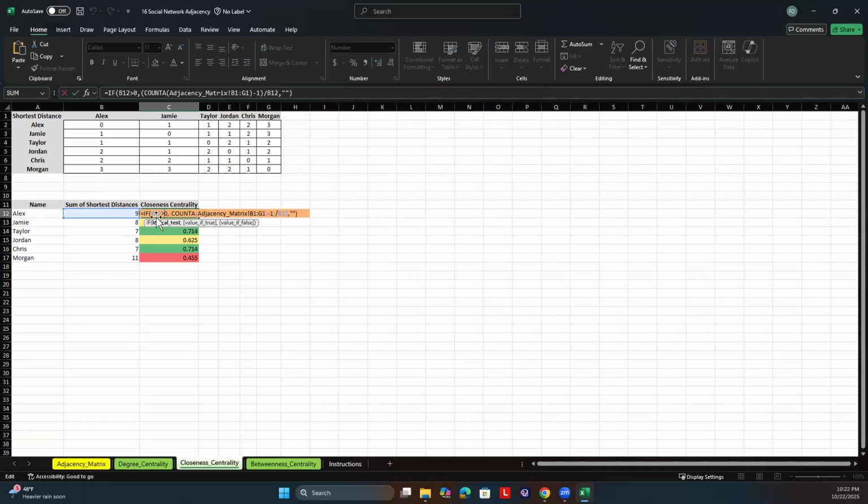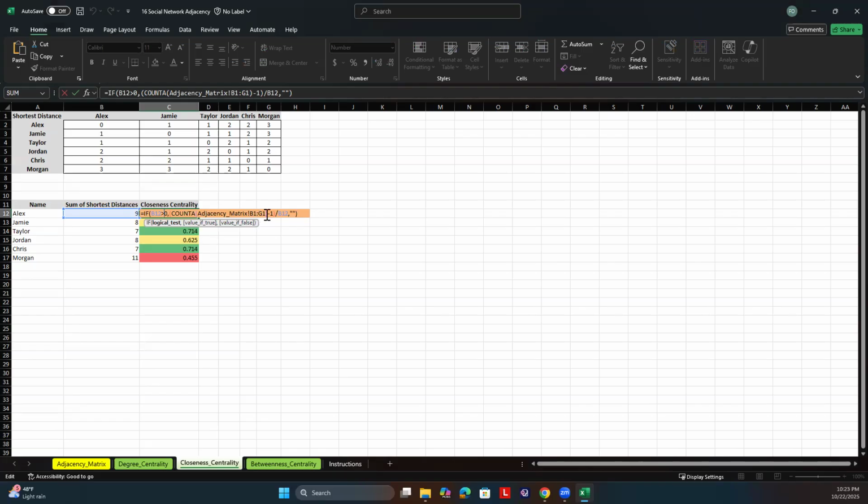If that number is greater than 0, meaning that person is connected to at least one person, then we count all the entries in our adjacency matrix, which is 6, minus 1, because again, somebody cannot be connected to himself or herself.